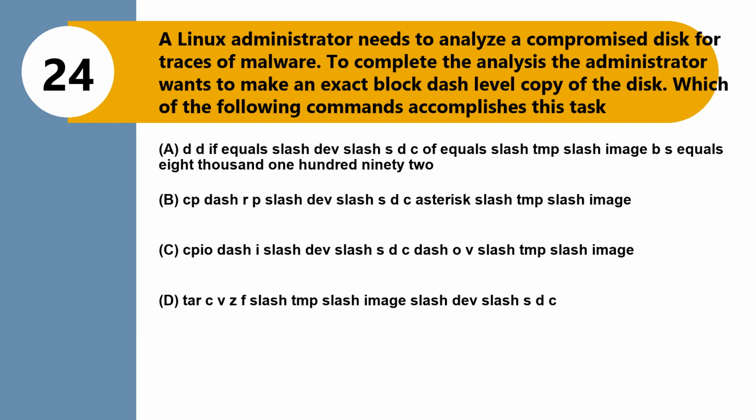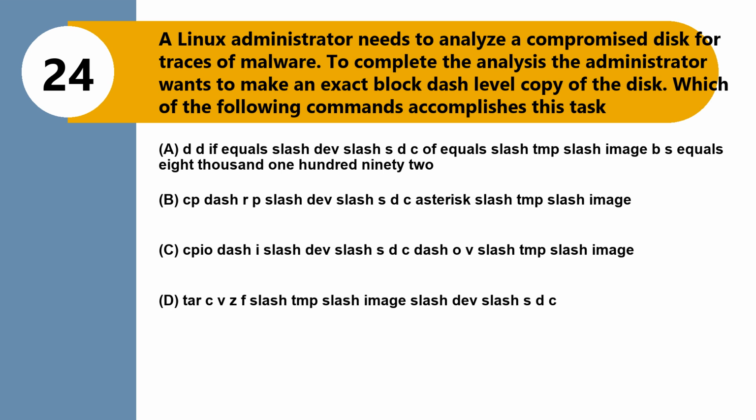Question 24. A Linux administrator needs to analyze a compromised disk for traces of malware. To complete the analysis, the administrator wants to make an exact block-level copy of the disk. Which of the following commands accomplishes this task? Option A. dd if=/dev/sdc if=/tmp/image bs=8192. Option B. cp -rp /dev/sdc* /tmp/image.